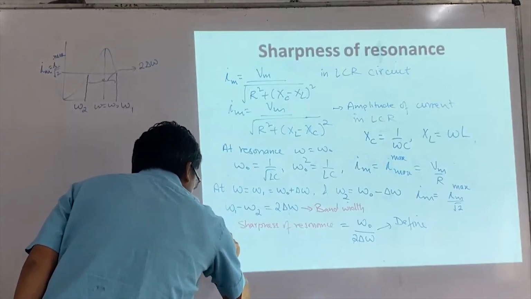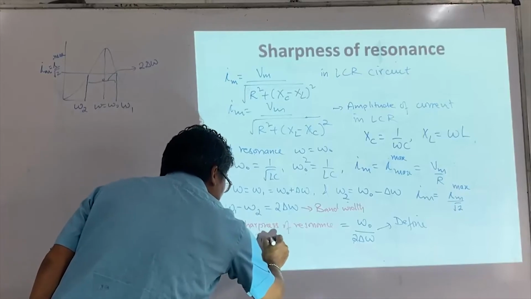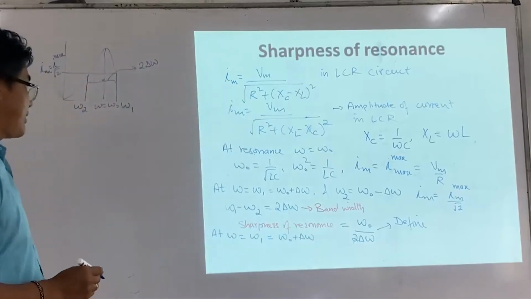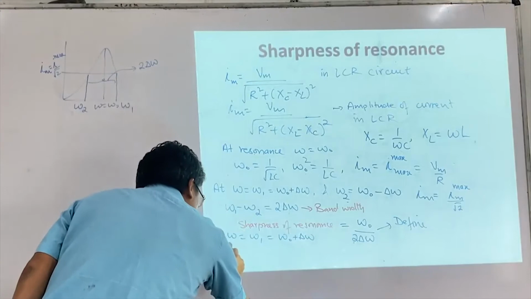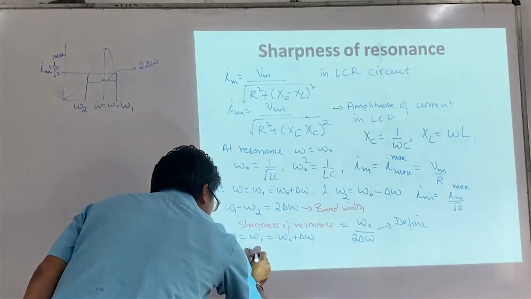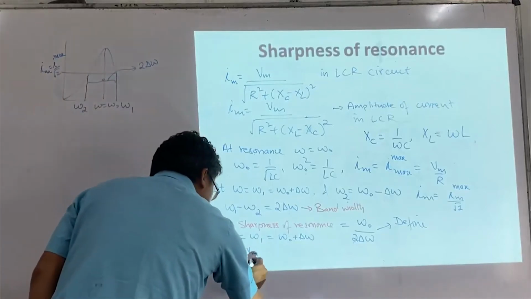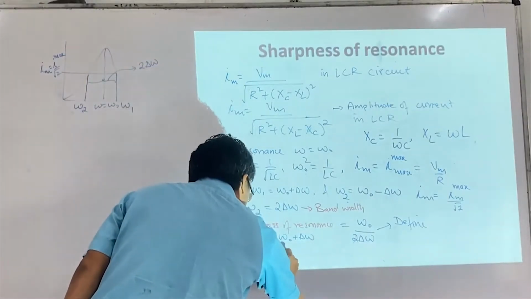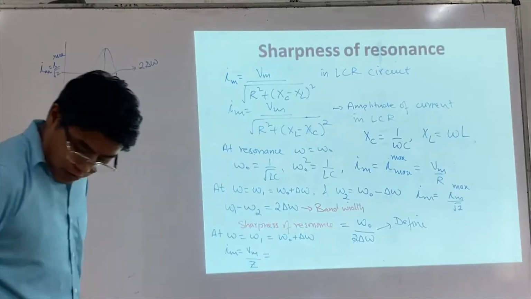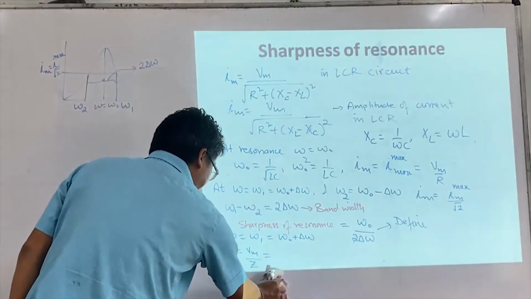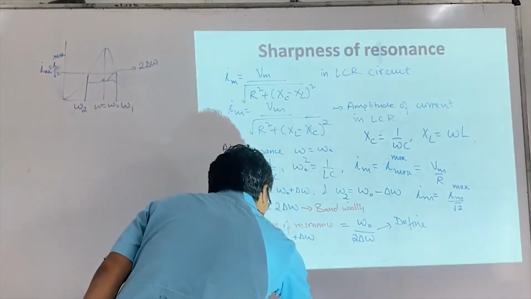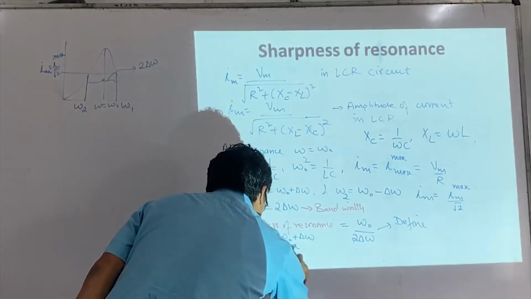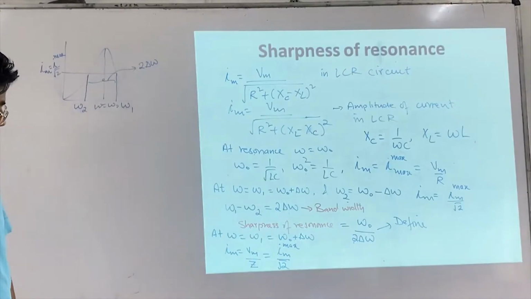I say that at omega equal to omega 1, which is equal to omega naught plus delta omega, the current I is equal to Vm divided by Z, which is equal to I m max divided by root 2, right?